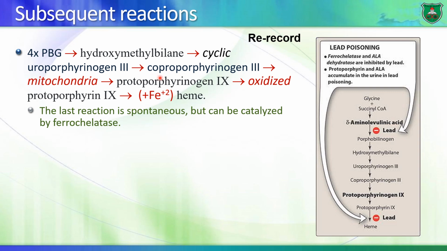Now, as I said before, the reaction starts in the mitochondria. The first reaction takes place in the mitochondria, this reaction right here. Okay, and then ALA moves out. You have these reactions taking place in the cytoplasm, okay, until you get the formation of coproporphyrinogen 3, which moves back into the mitochondria.